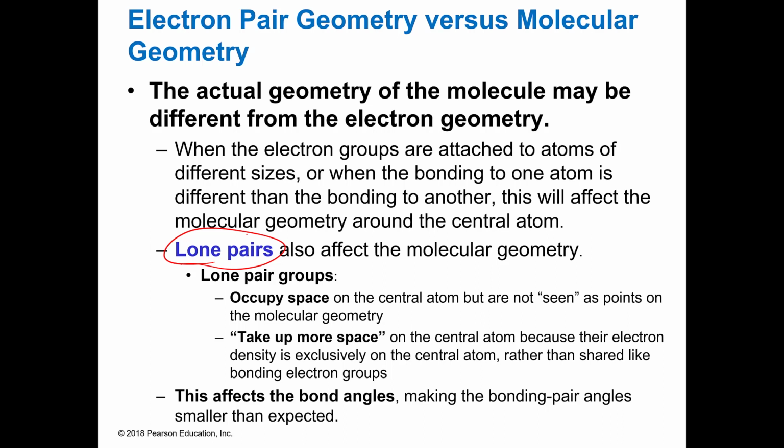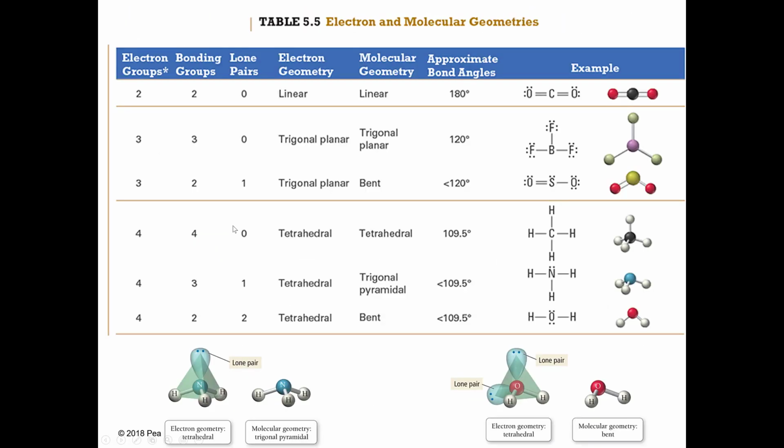And this affects the bond angles. And when you do that, the bond angles change the molecular geometry. So only if you have lone pairs in your formula will you see this change.